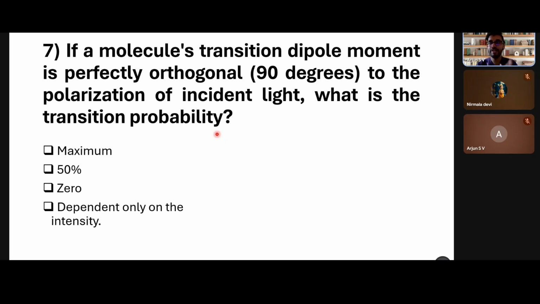You don't need a calculator for this. It's easy to calculate what this is. So if you understand the question correctly, what is the transition probability?